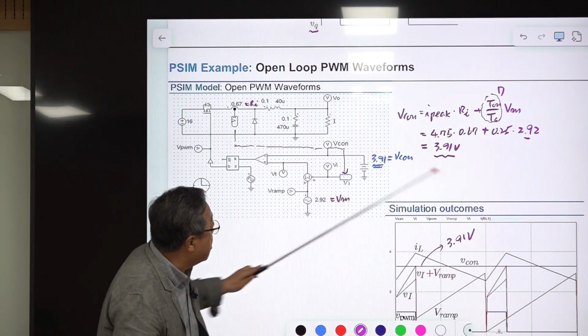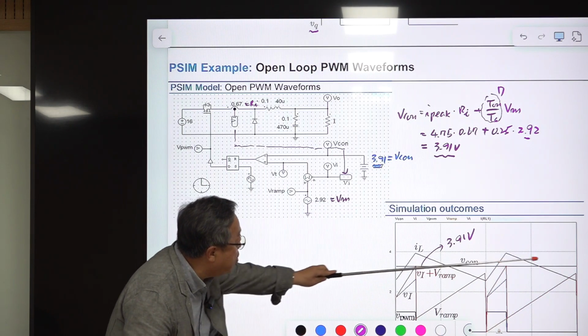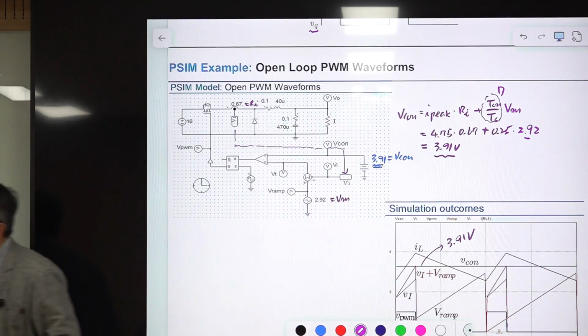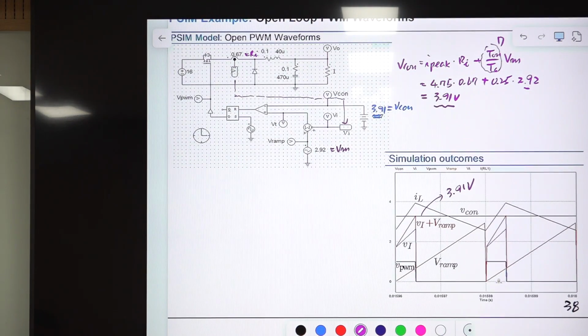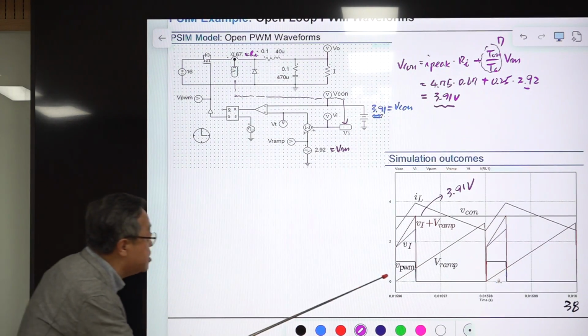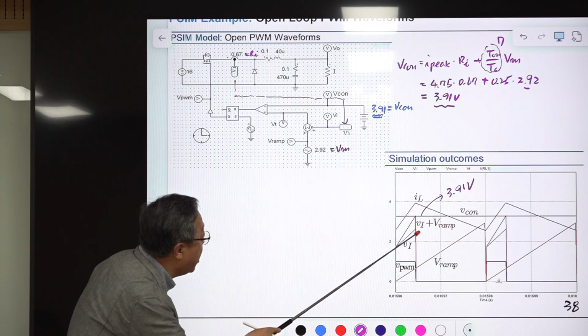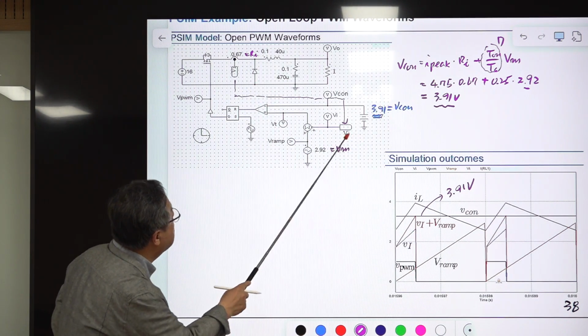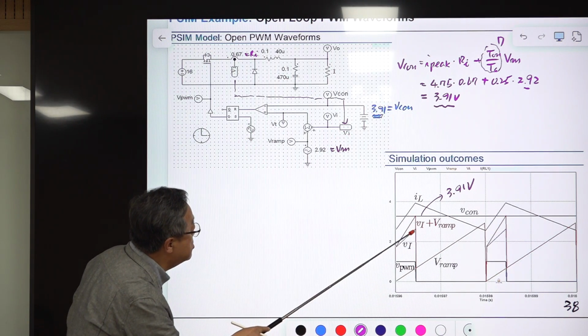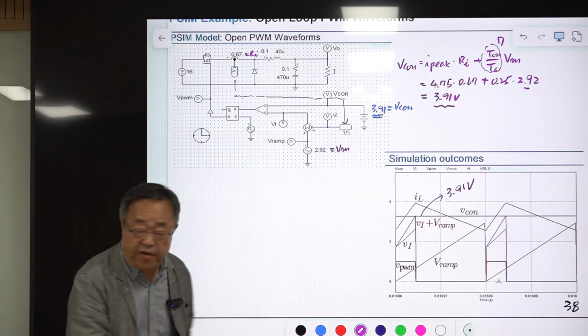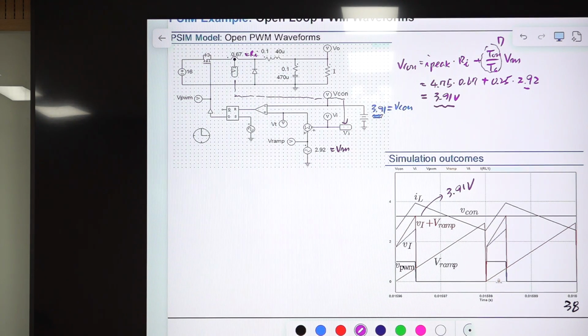I type this number here. Then the control waveforms are this one. This is the PWM signal, this is the VQ, and this is the Vi. This is Vi plus V ramp, and V ramp is this one. So this length and this length are the same.